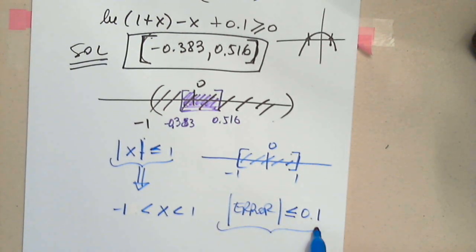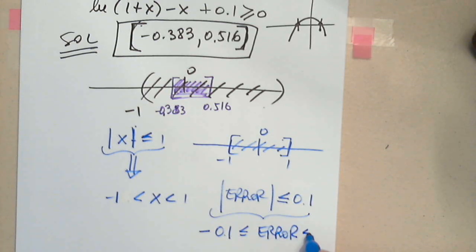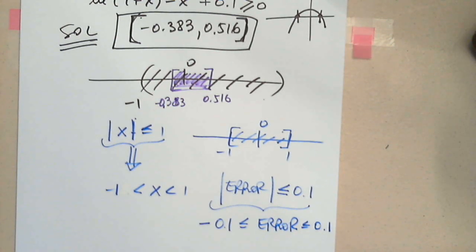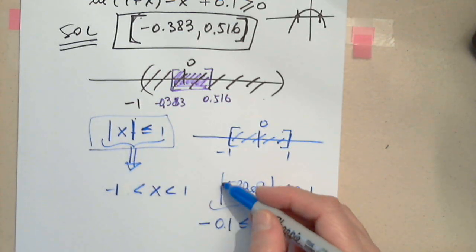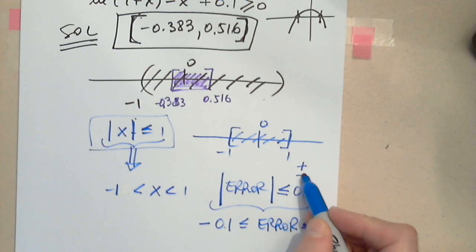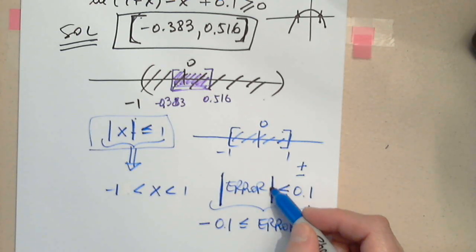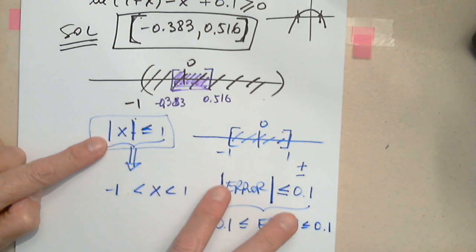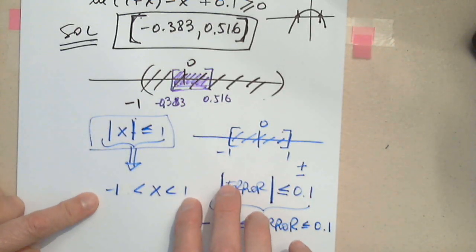In order to change this into something I can solve, which is this, I had to write negative 0.1 less than or equal to the error, less than or equal to 0.1. It's coming from solving absolute value inequalities. Why I have to put it in absolute value is because the error could be positive or negative. So that's why the error has to be an absolute value, which reduces to an absolute value inequality, which reduces to this compound inequality.